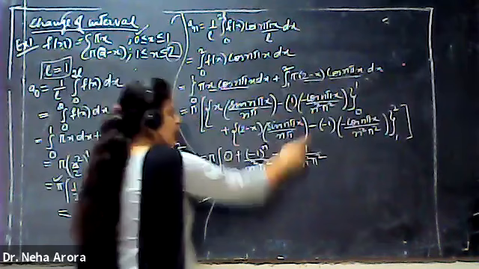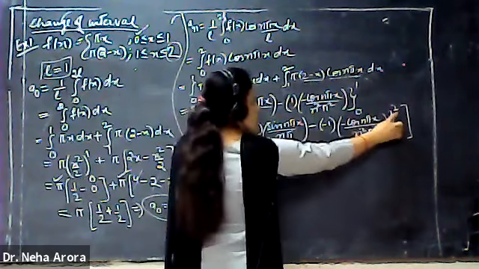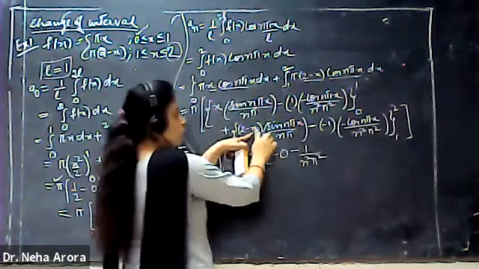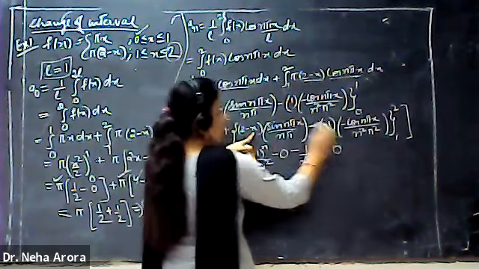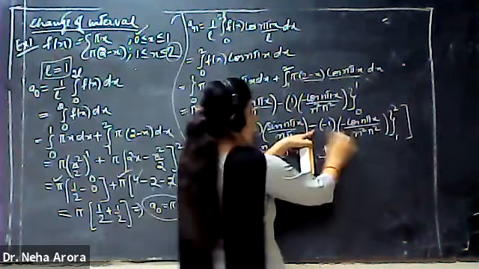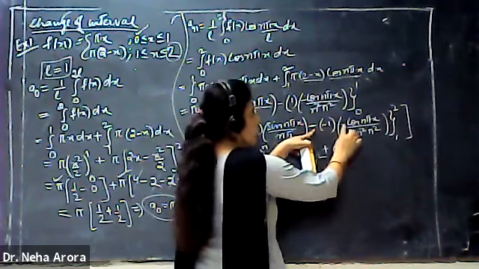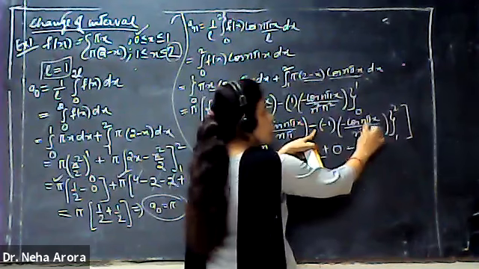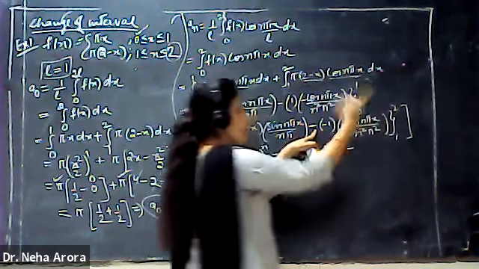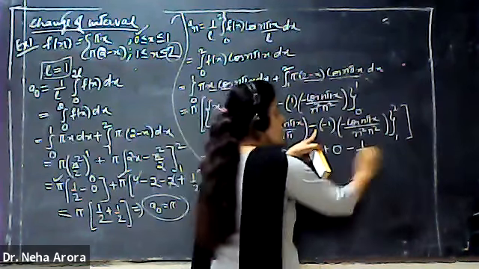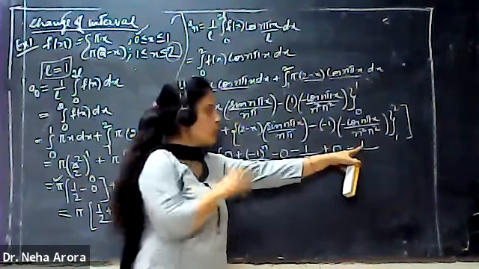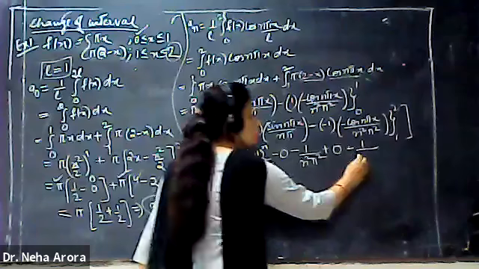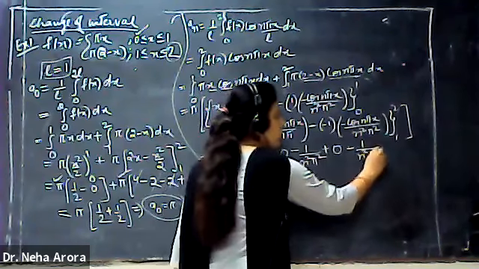Now let's come to the second half. Put the upper limit, which is 2. 2 − 2 is 0, and 0 into anything is 0. Done. Come here: negative 1, 2 and 3, total is negative. We have to put x equal to 2, that means cos 2nπ. 2nπ means an even multiple, and cos 2nπ is always equal to plus 1. So 1 upon n²π².